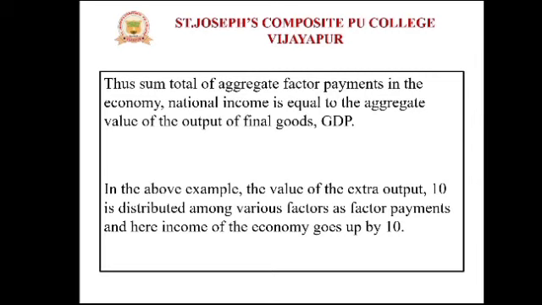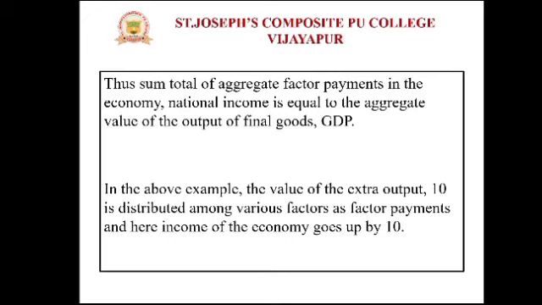Thus, the sum total of aggregate factor payments in the economy, national income, is equal to the aggregate value of the output of final goods, that is GDP. So we can say the sum total of aggregate factor payments. What are the factor payments? Wages, interest, and profit.